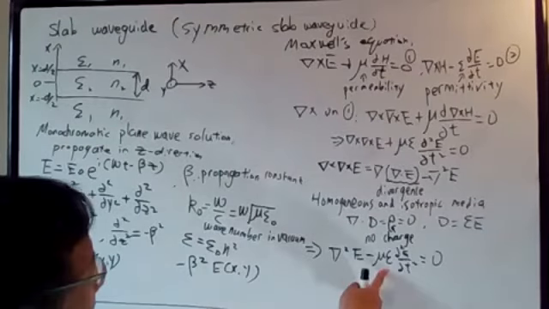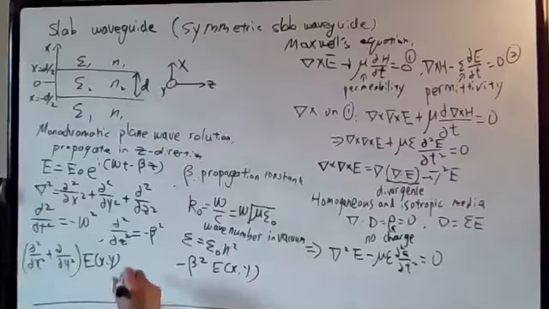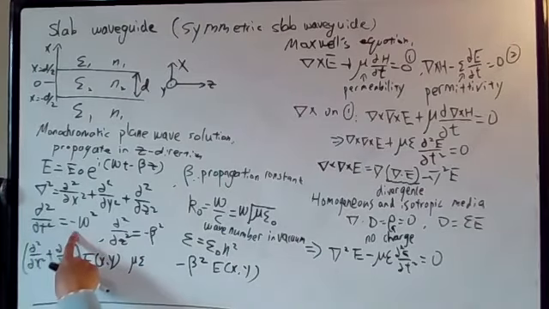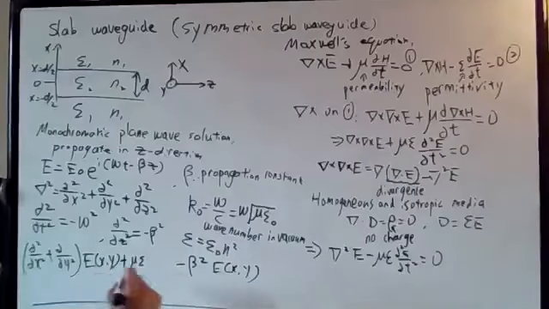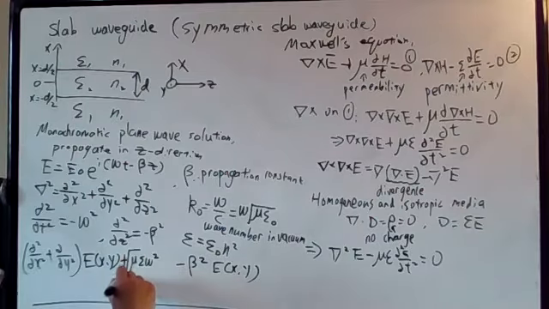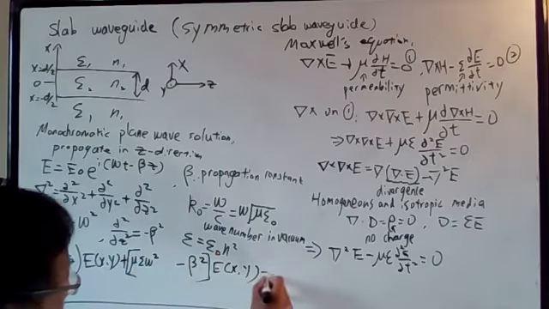Now we have the mu epsilon term. Partial t squared gives negative omega squared, and with the negative sign in front it becomes plus omega squared mu epsilon. And that equals 0.